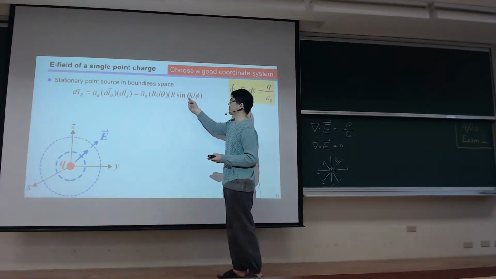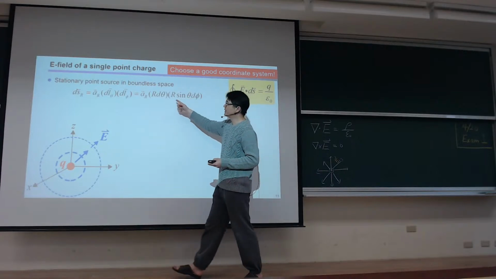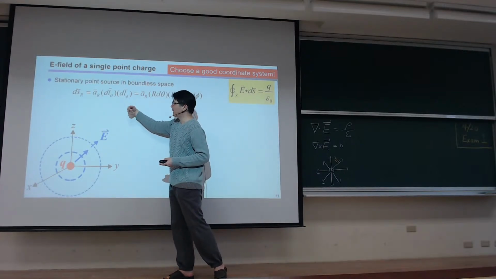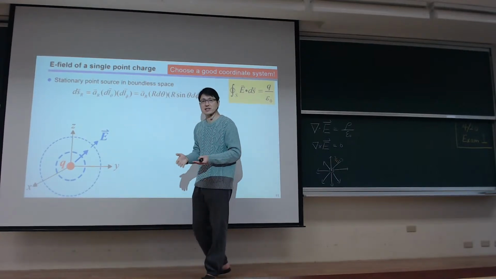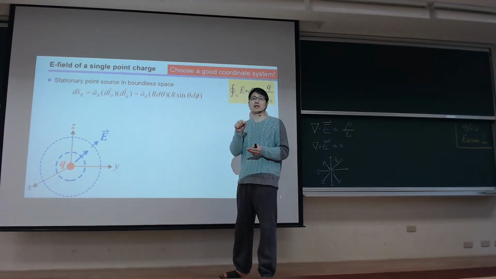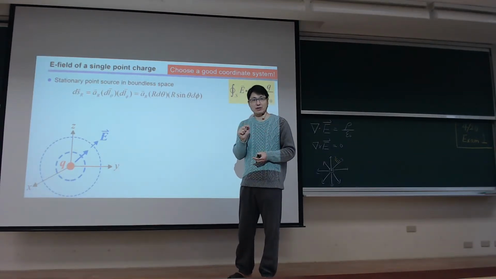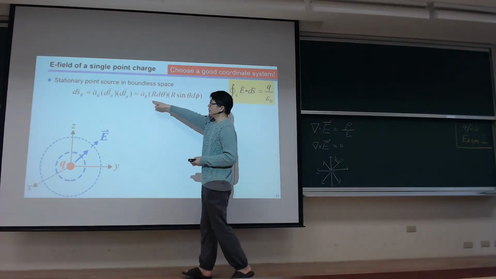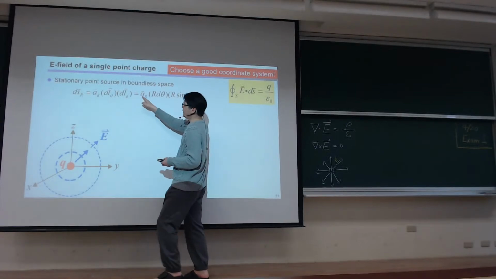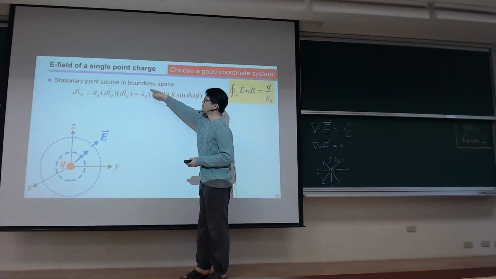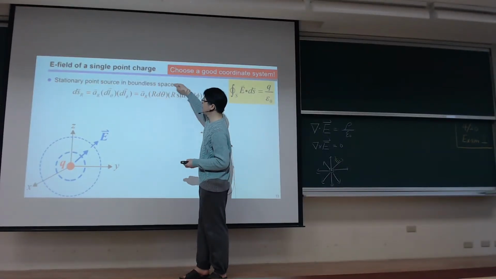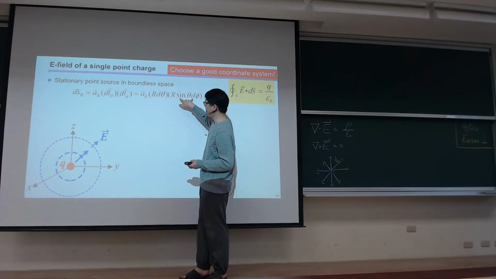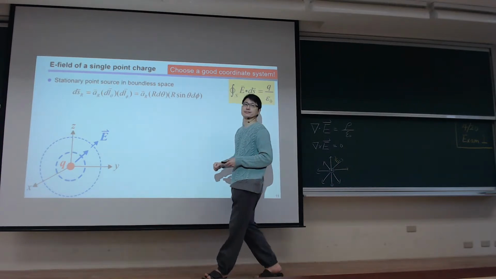It's only r sine theta. So for dl phi, again, I'm repeating this to emphasize the importance of clearly understanding differential length and differential surfaces. So dS_r, pointing in the radial direction, has its magnitude determined by these two differential lengths, in the theta direction and in the phi direction.